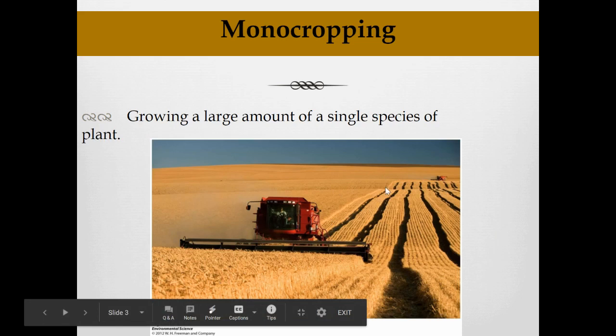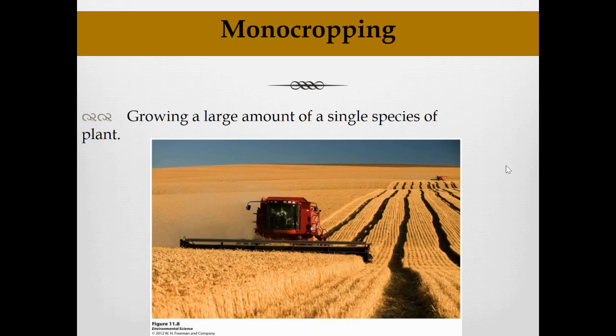That's going to increase our crop yield, and it's also going to increase our profit. But the downside to monocropping, guys, is the fact that you're only planting one single species. So you're going to be decreasing the biodiversity of this given land, making it more susceptible to natural events or maybe even disease and pests.